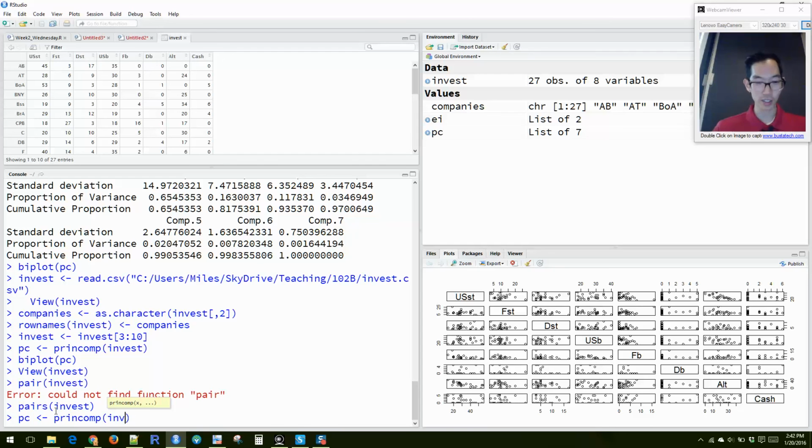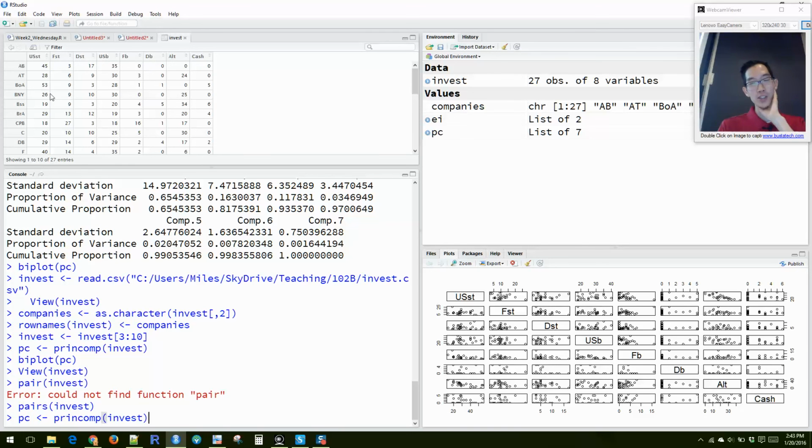In this case I have invest, and one thing that principal components requires in your data preparation, which I generally don't do with my data: normally I have the company names or row names as a column here, but principal components will get angry if you do that. It only wants numbers in your columns.